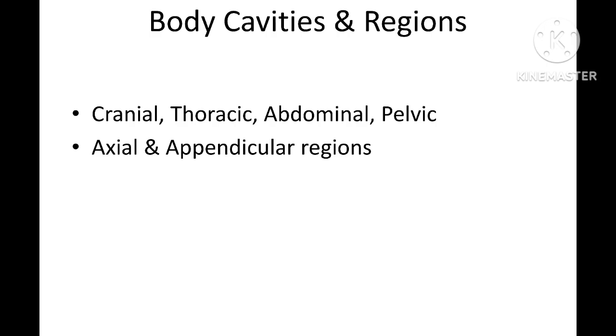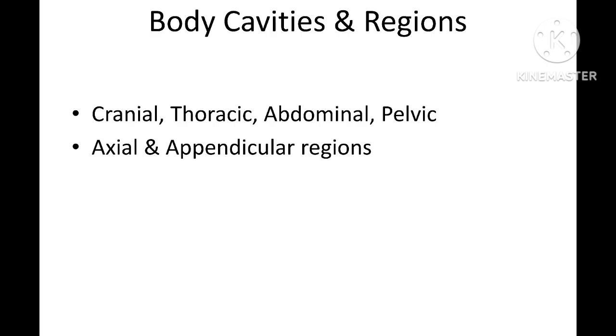Last one is abdominal regions and quadrants. These regions help doctors and physios locate pain or organ problems. Four quadrants. The abdomen is divided into four boxes: right upper quadrant, left upper quadrant, right lower quadrant and left lower quadrant.